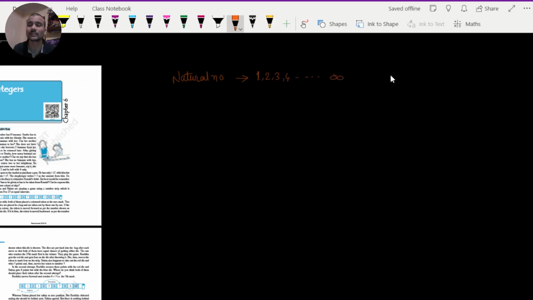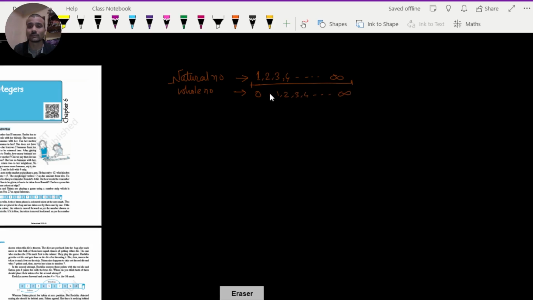That was it. Till then we can think this was our natural numbers. So what was a whole number? A whole number was, if we add an extra 0 to that complete set, the set becomes whole numbers.